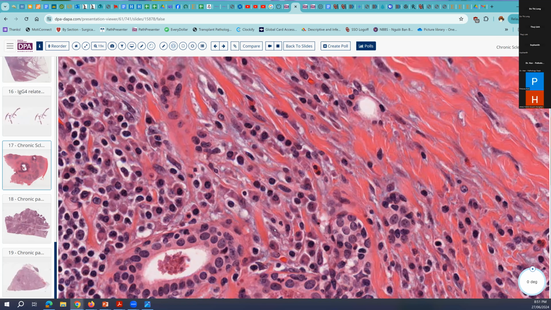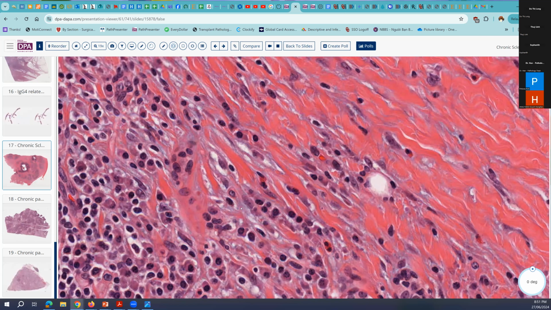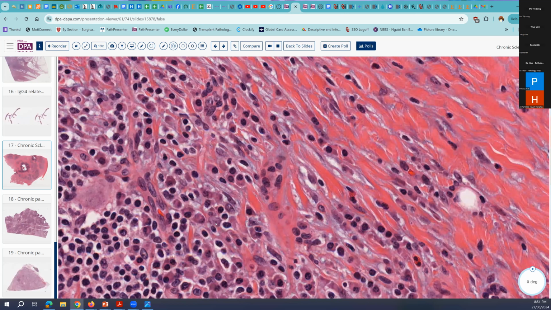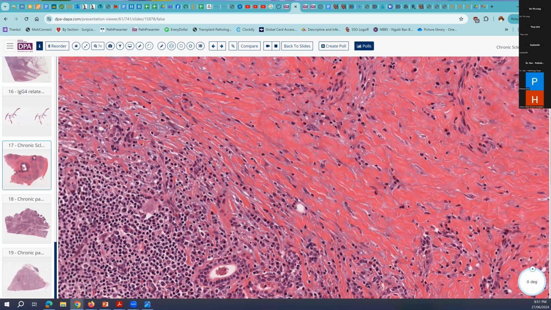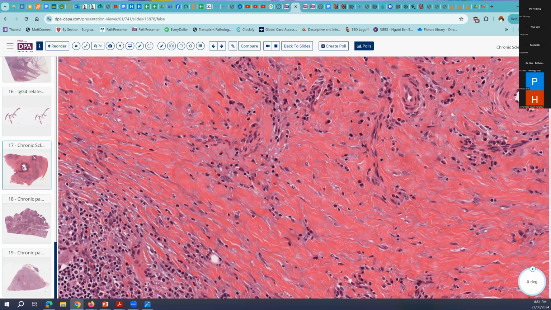So it's that same pattern we just saw in the sclerosing mesenteritis, where you want to think about the possibility of IgG4 disease. And this location, the submandibular gland, is a classic location for that process. This is IgG4 related disease.